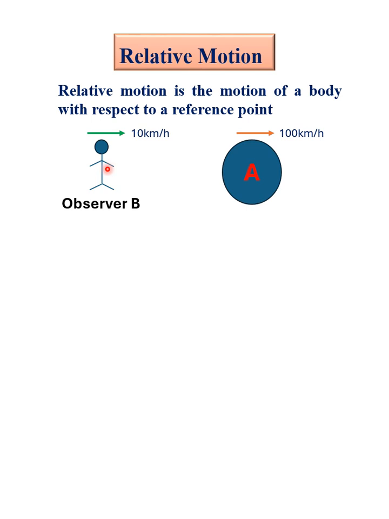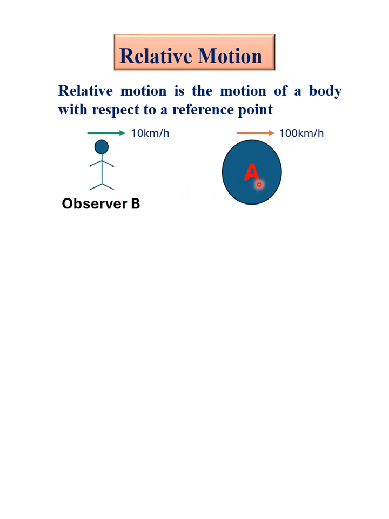Because the observer is moving at a slower speed than A, he will see A to be moving at a speed less by 10 km per hour because he's equally moving, which means that observer B will see A to be moving at about 90 km per hour. So he just takes the difference of the speeds and that tells him the speed at which A is moving.